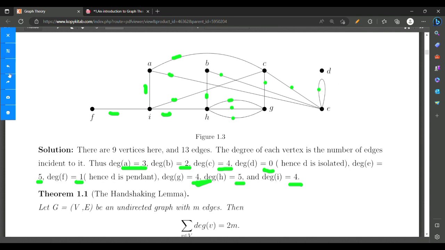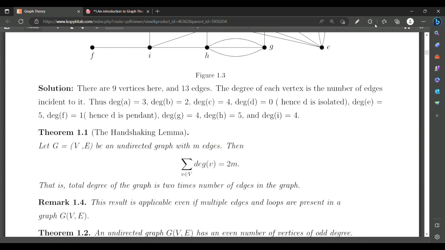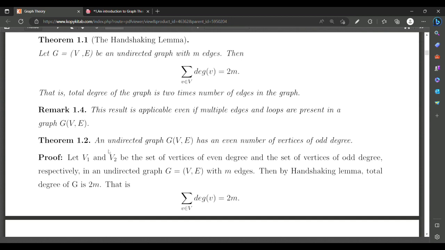Okay, 14. Now here we write the sum of the degrees of the vertices is 28. m is the number of edges, which we have found to be 14. So 2 times 14 is 28. Handshaking lemma theorem proved.